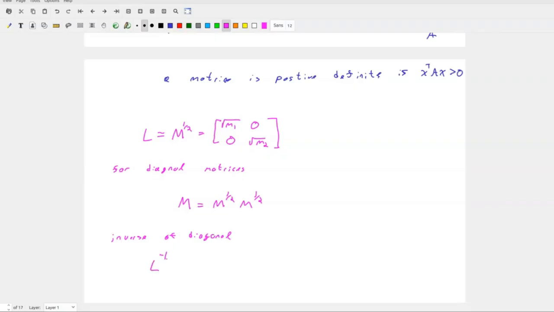Well, that's just going to be L to the negative 1, which is equal to M to the negative 1/2, which is just equal to 1 over the square root of M1, 0, 0, 1 over the square root of M2. So that gives us a lower left-hand matrix, right?